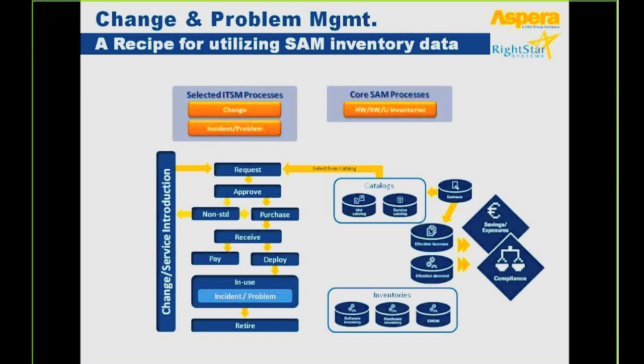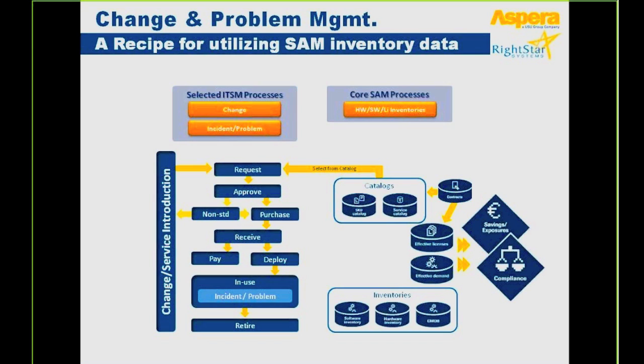All the data you need is there, and no one would ever be busy with finding out what SKU, what article, what license could match with the request that is based on the service catalog.